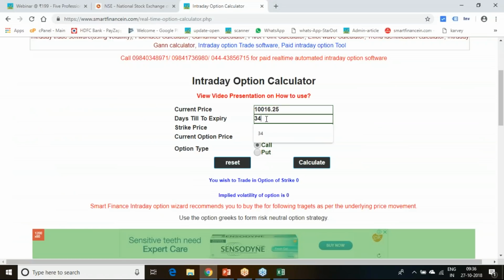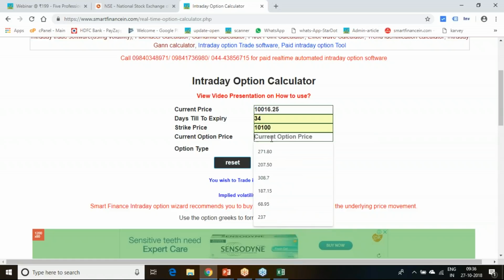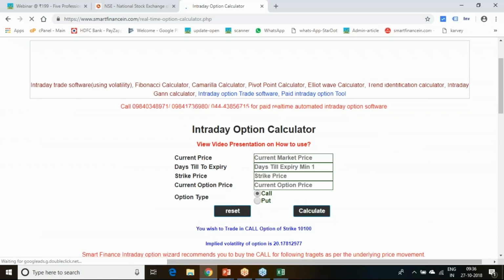Time till expiry is 34 days, strike price 10,100. The premium you have seen is 204 rupees. Click calculate.